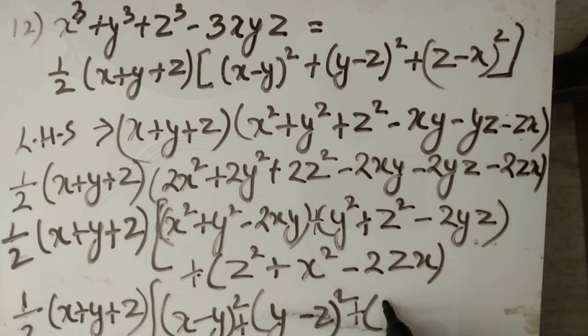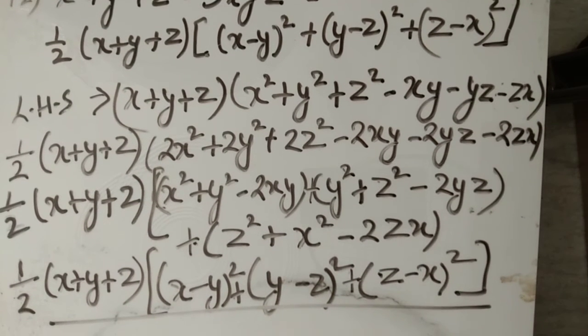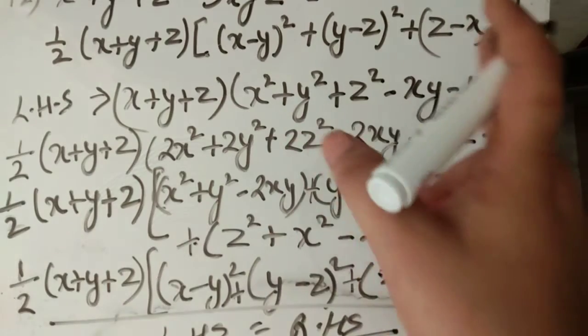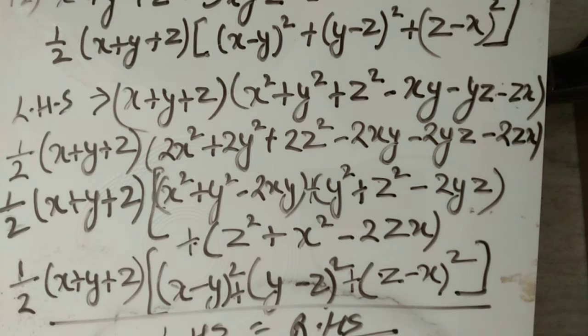So it will be z minus x whole square. So this is our RHS. So you can say that LHS is equals to RHS, that is proof. You can use that method also, that you simplify the right hand side. Okay. So this is question number 12.